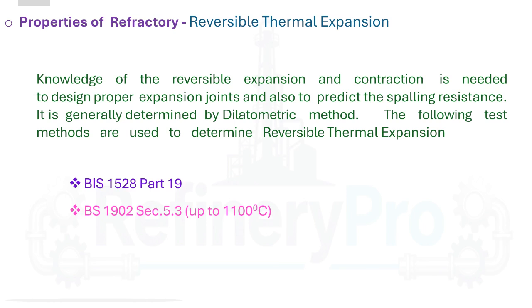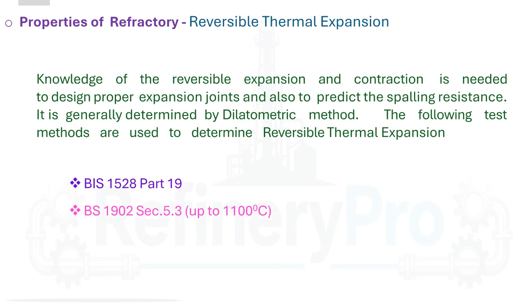To measure reversible thermal expansion, engineers use the dilatometric method, which is essentially a precise measurement of how the specimen's dimensions change as the temperature rises and falls. Different standards define how this test is carried out. The Indian Standard 1528 Part 19 and the British Standard 190 to Section 5.3 specify the temperature ranges, the heating and cooling rates, and how dimensional changes are recorded.